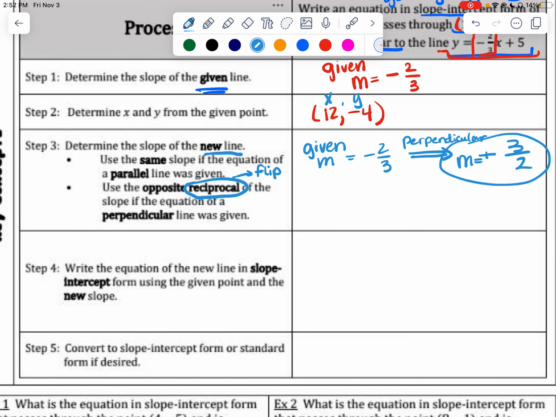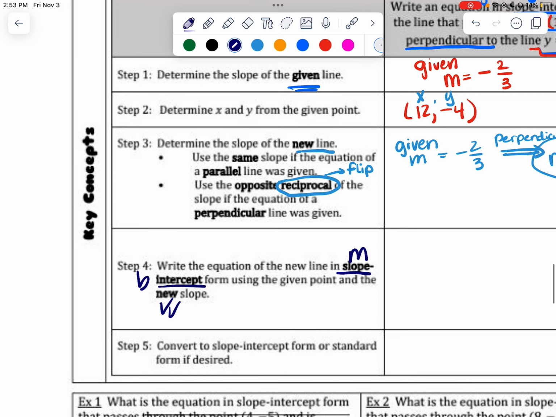Okay. Now I've got to actually write the equation in slope-intercept form, using the given point and the new slope right here. Well, the thing is, for slope-intercept, I need a slope and I need an intercept, specifically the y-intercept.